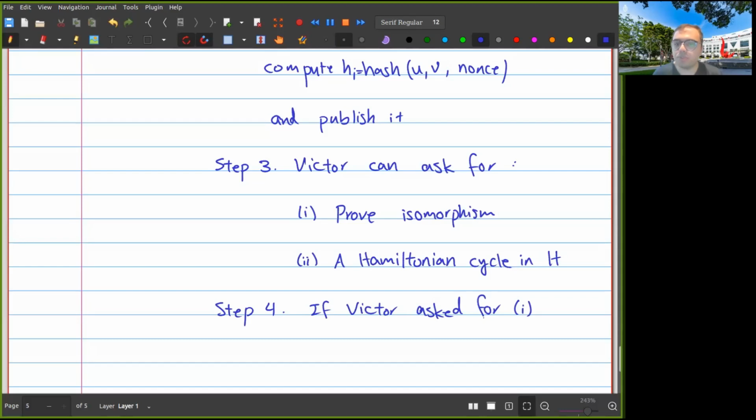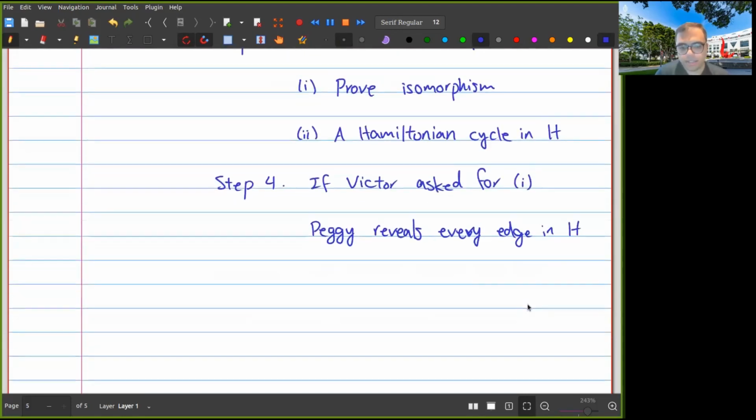So I'm going to show him the entire graph H. And I'm also going to show him the isomorphism, the permutation that I applied on the vertices. Okay. So Peggy discloses or reveals every edge in H and the permutation.